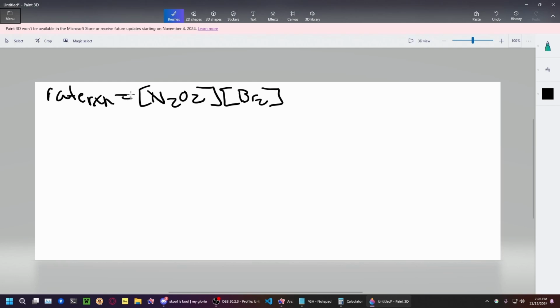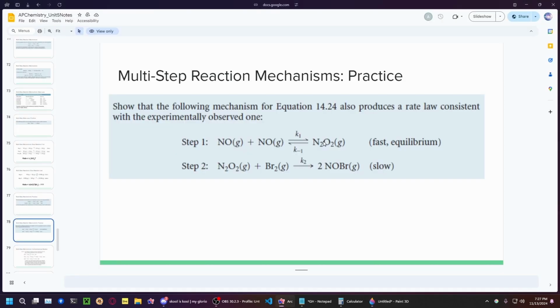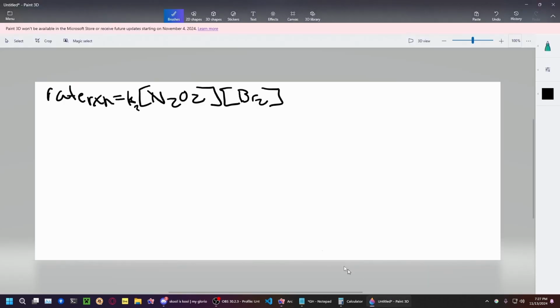In this case, I'm going to put it in terms of K2. The reason why I'm using a subscript of 2 is just to identify my different Ks. I'm not using just a K because I know that this isn't my final rate law because I have an intermediate. You're not gonna be able to measure it because it disappears so fast.